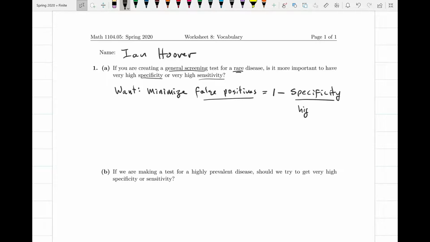And by high, of course, we mean close to 1. The highest a probability could ever be is 1. Right, so to minimize false positives, we want high specificity.